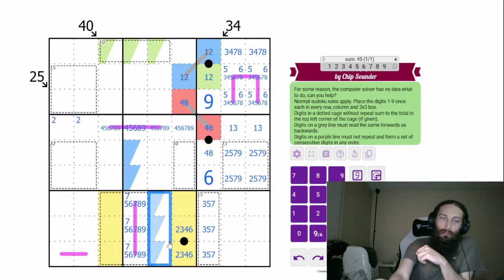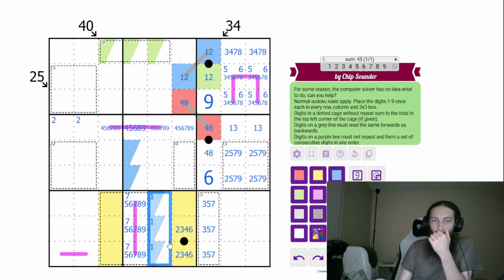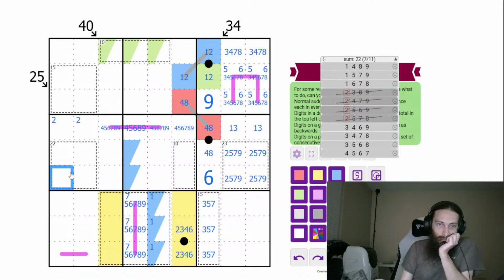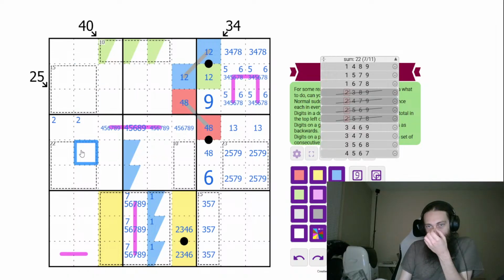Which actually just means that the 1 is here. Which could mean both 1 and 2. So they're not both 1s.